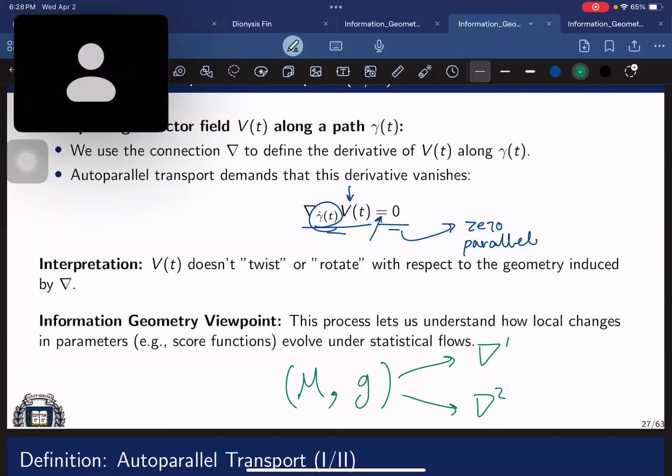So no, in general, affine connections are not independent of change of coordinates. If, instead of considering x1, x2, I consider x1, x2 squared as my new coordinate system, then the affine connection would change behavior, unless I consider specific connections. Okay.